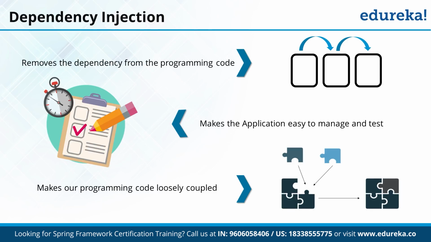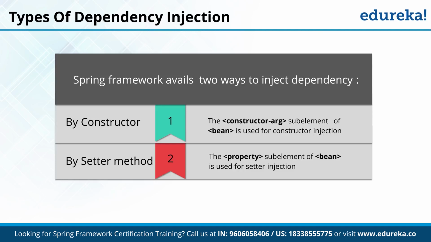That's the key important point which we need to take care of even when we are writing code examples. All right. So how is this dependency injection taken care of by the Spring Framework? In the Spring Framework, we got constructor and setter method. These are the two different techniques by which the dependency injection is resolved. We got constructor-arg and property as key tags, which can help us to resolve this dependency injection.